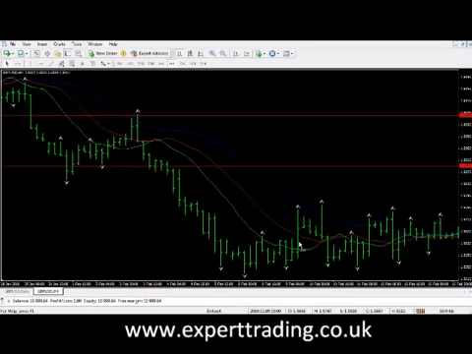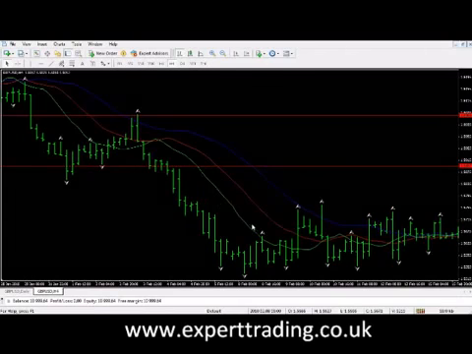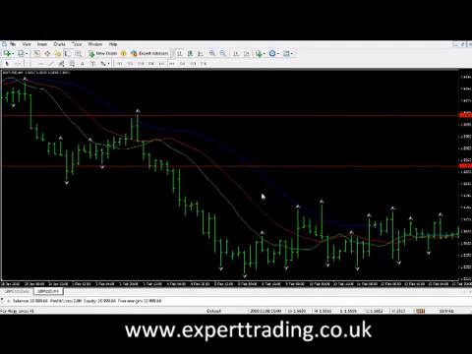And then generally, if we see about 4 or 5 up fractals, before a move's ended, we tend to exit the trade. We don't want to stay in here forever, because it could move back up and all our hard-earned pips could be lost.